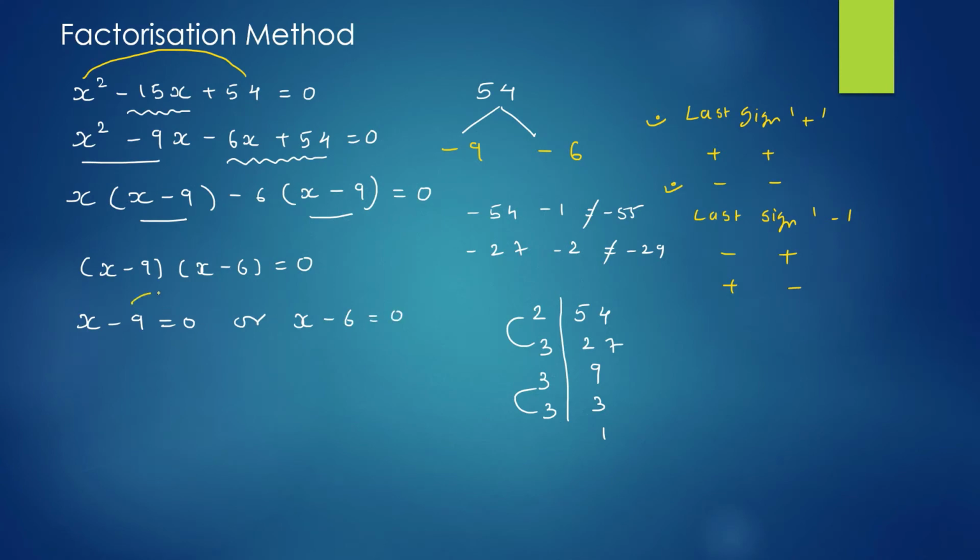We will take minus 9 to the right side, so x equal to 9, or we will take minus 6 to the right side, so x equal to minus 6 will become plus 6. So your answer will be x equal to 9, 6.